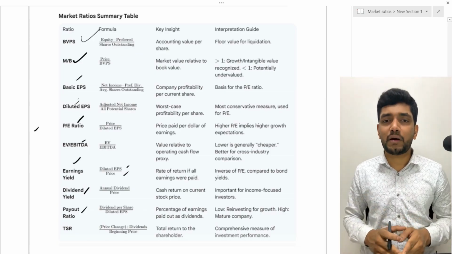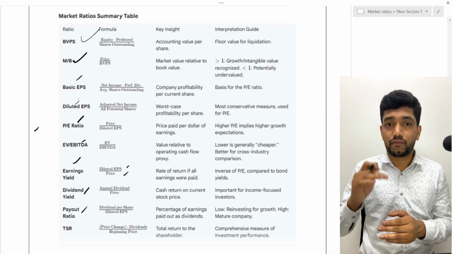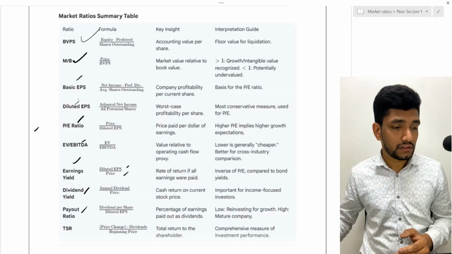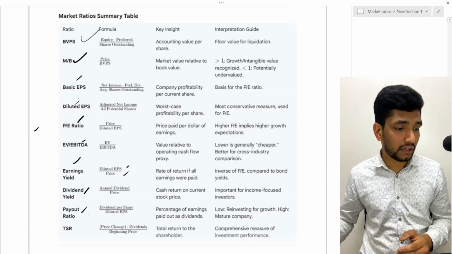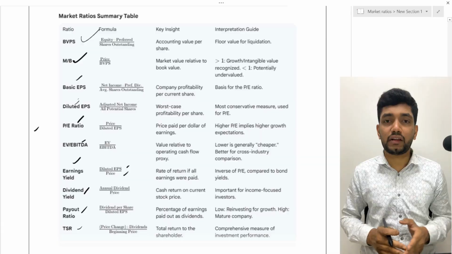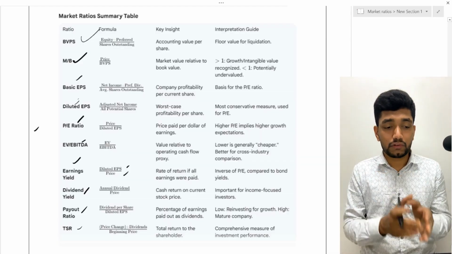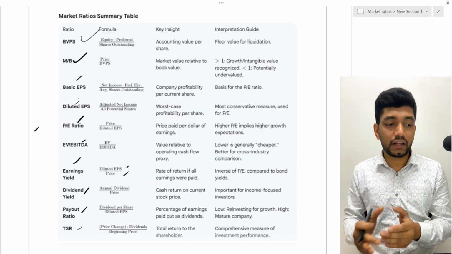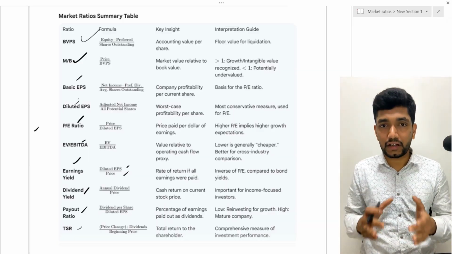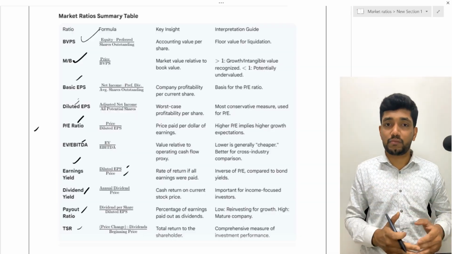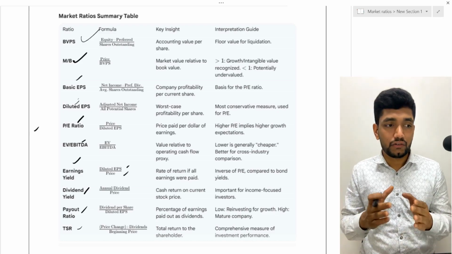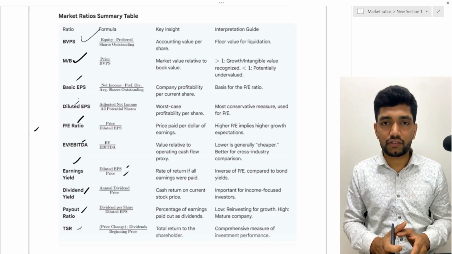Payout ratio means how much the company is paying in dividend relative to its earnings. Then the total shareholders return. Total shareholders return considers the two types of return, capital appreciation and dividend, and compares both with the total investment value to see the proportion of the total shareholders return.